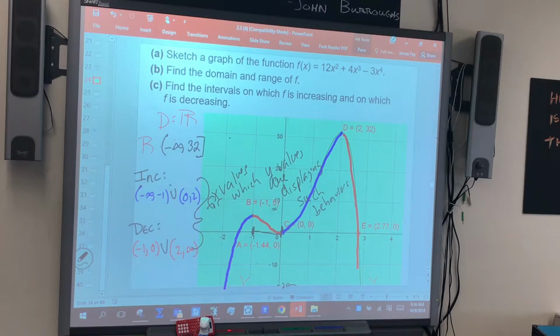And I think it's important because a lot of people will write these things down here and not be sure what they mean. Okay, those are the x values in which my function is increasing, and those are the x values in which my function is decreasing. And we make that decision of whether it's increasing or decreasing based off the y values, right? Okay? So that's very important.